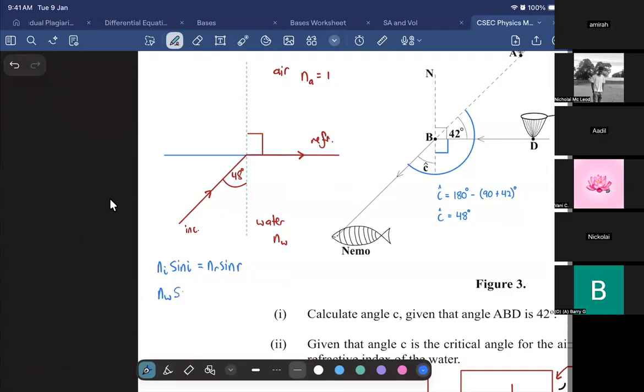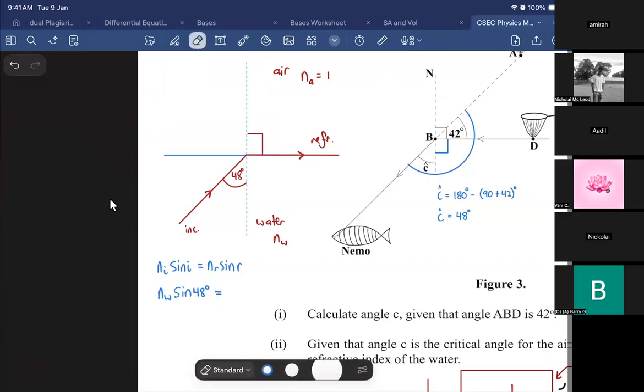All right. Do we know what the angle of incidence is? 48 degrees. Right. Do we know what the refractive index for the refracted ray is? Yeah, we do. Where's the refracted ray?